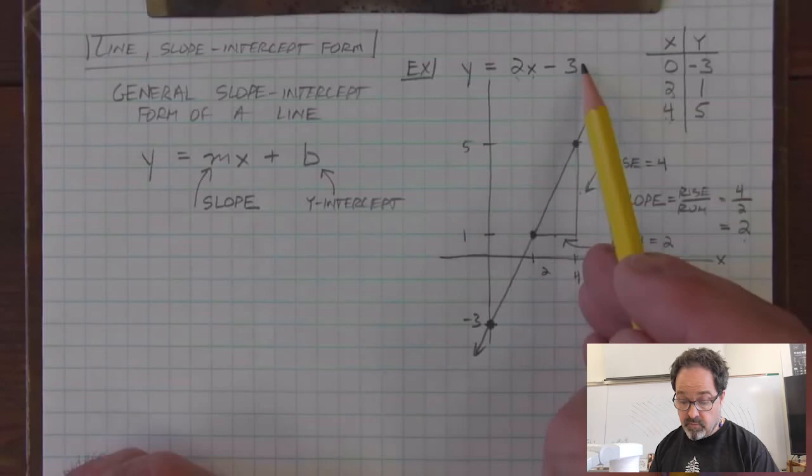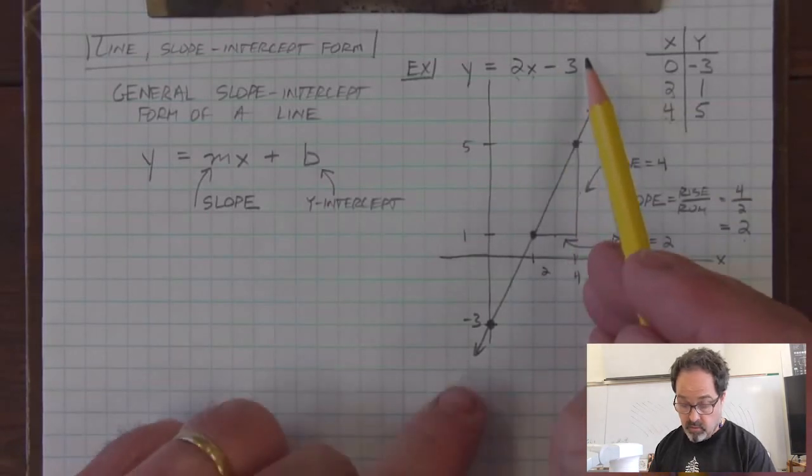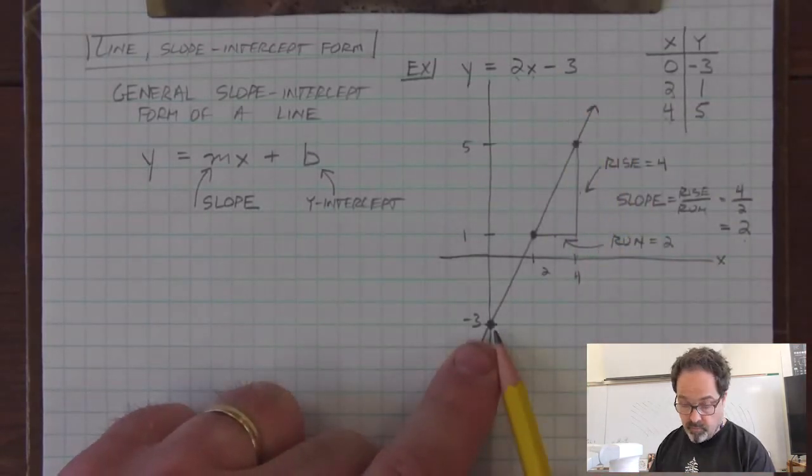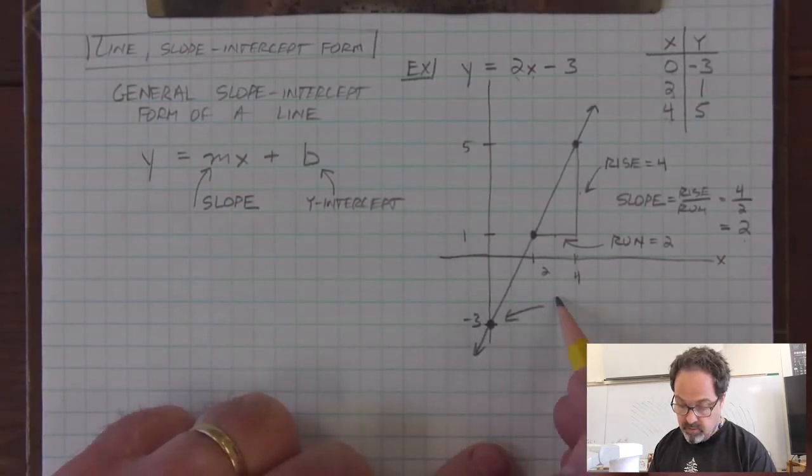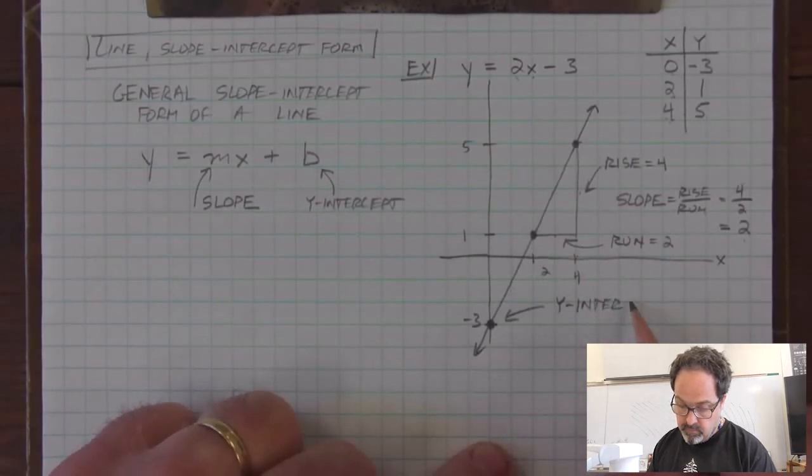Does this line cross the y-axis at negative 3? We can see down here that it does. We have a point at 0, negative 3. I'm going to point to that and note that on this graph, we have a y-intercept at y equals negative 3.